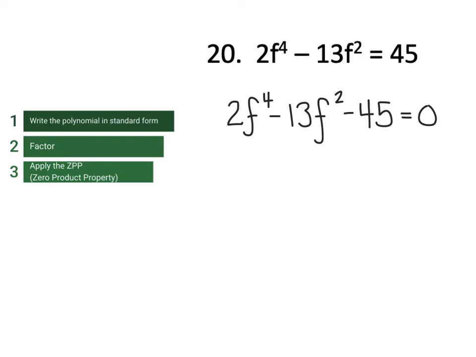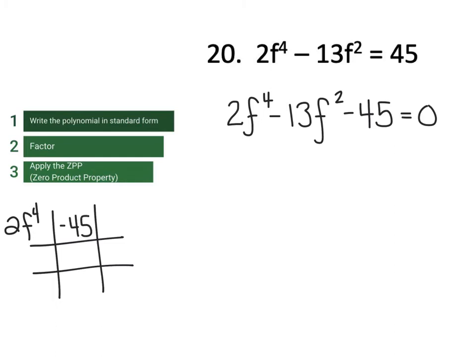So next, since it's a trinomial, I'll try tic-tac-toe off on the side, where I would have 2f to the 4th here, negative 45 in the middle, and my checking term is negative 13f squared. Now your factors of 2f to the 4th, well, coefficient would be 2 and 1, and then it would have to be f squared and f squared. Don't ever do like f to the 3rd and f to the 1st, where that would equal f to the 4th. It's never going to add to f squared in the middle, okay? So you need them to match here.